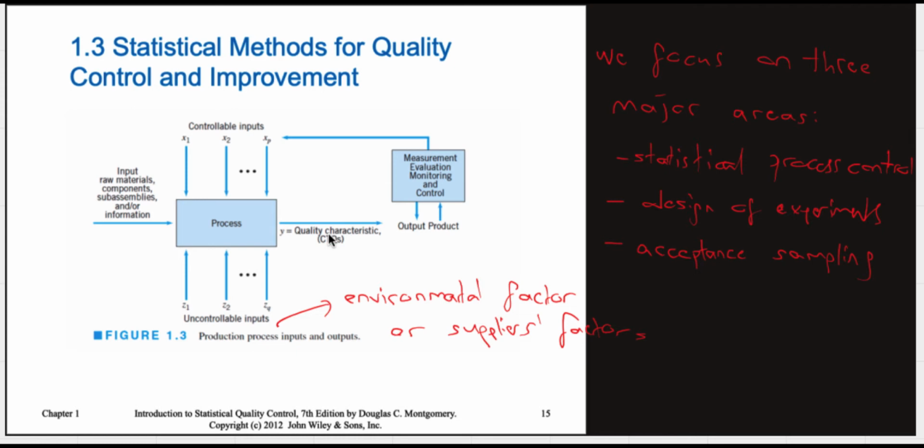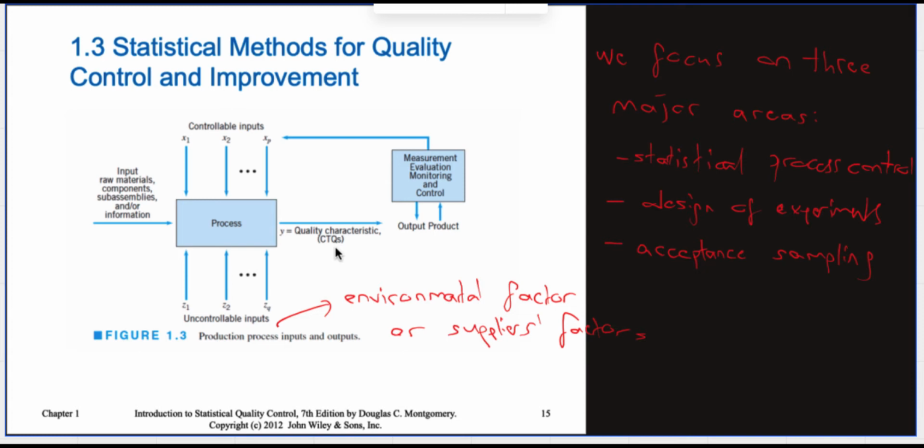This final product has some quality characteristics, and we are trying to reduce the variability in the quality characteristics so we can improve the quality of the process and also the final product.